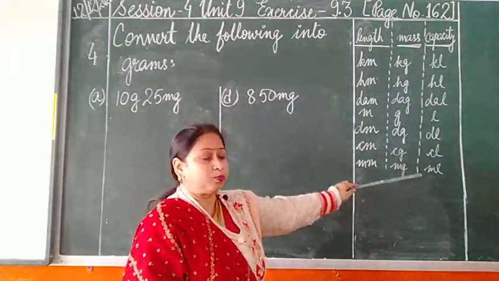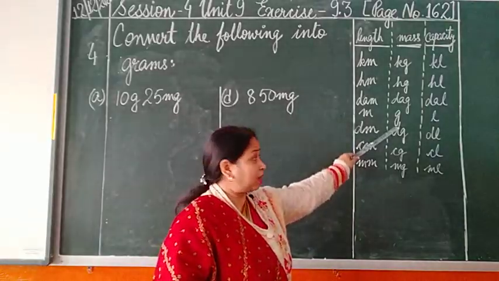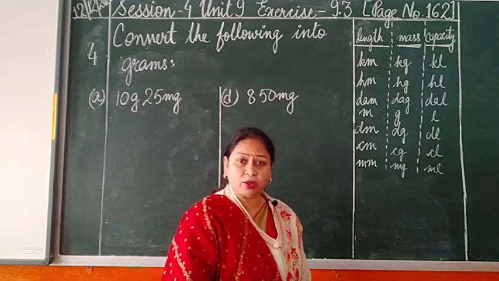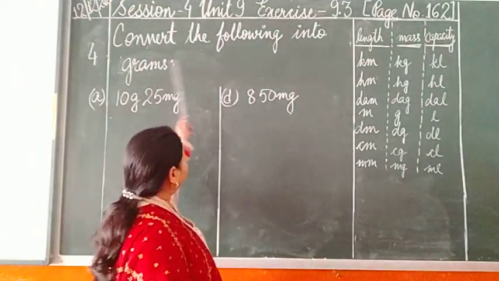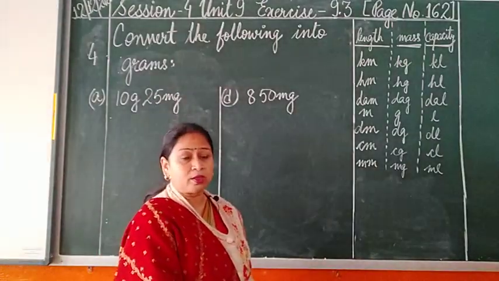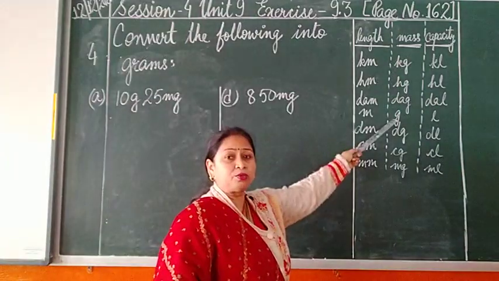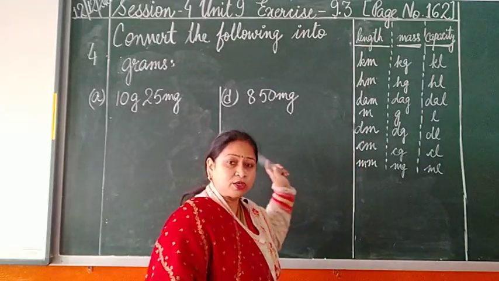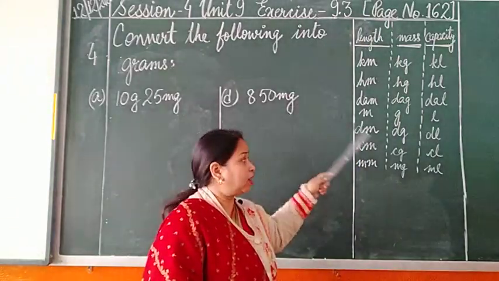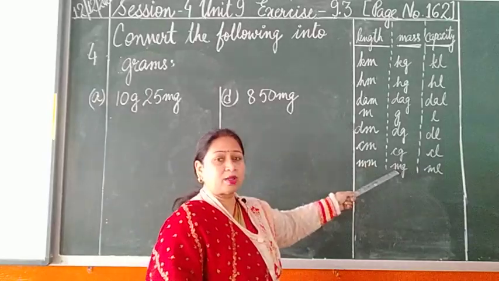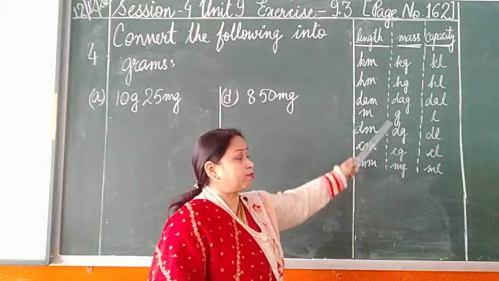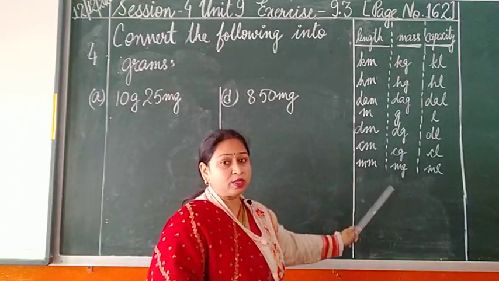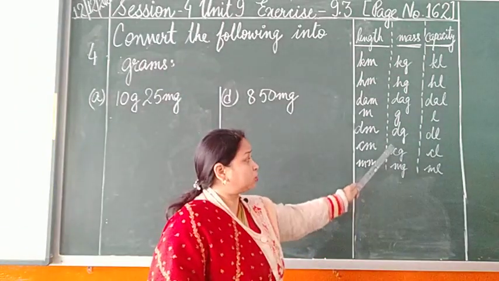So we have milligram, centigram, decigram, gram, decagram, hectogram, kilogram. Okay. What is the conversion? We are going to do it over here. Convert the following into gram. Okay. That means immediately you click that yes, gram is over here. And the question is given in milligram and gram. So gram is over here, milligram is over here. From milligram to gram you have to move. That means we are moving up once again. How many steps are we moving up? 1, 2, 3.